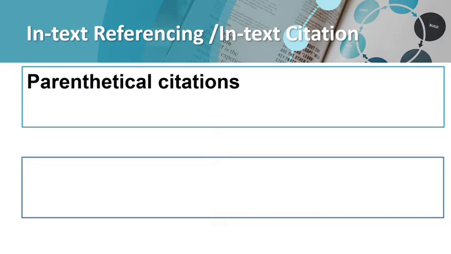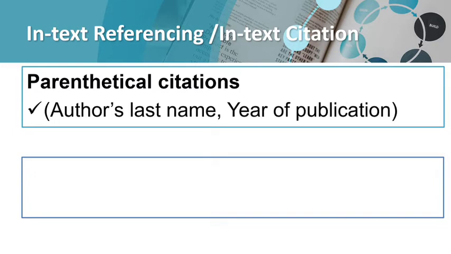So this is a type of citation where the author and the date are in the parentheses at the end of the sentence. Take note that in writing this citation, the author and the date are inside the parentheses at the end of the sentence.